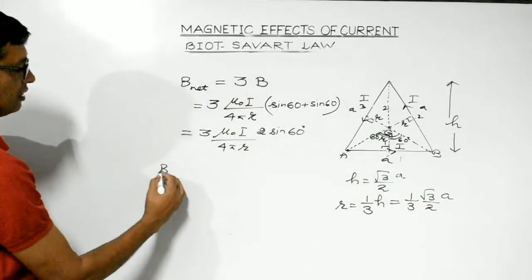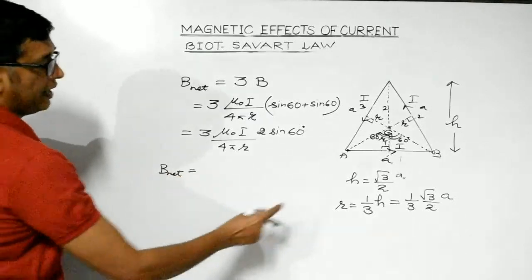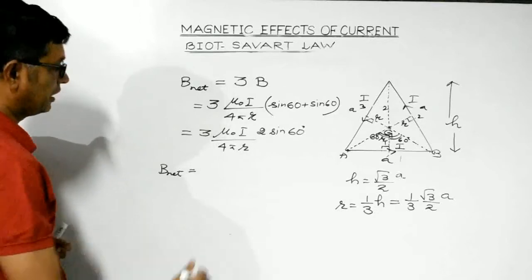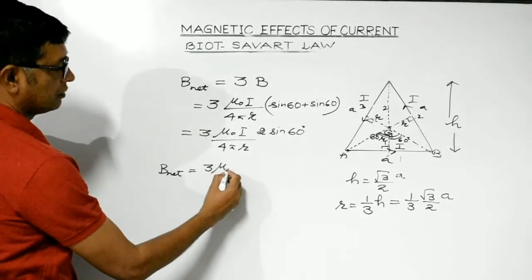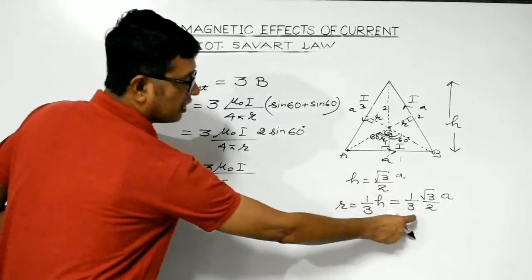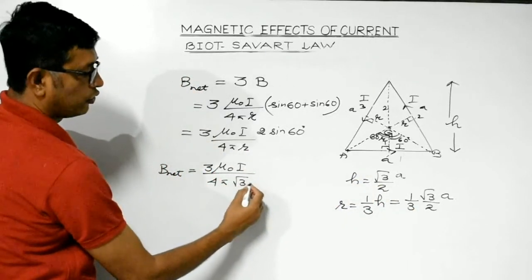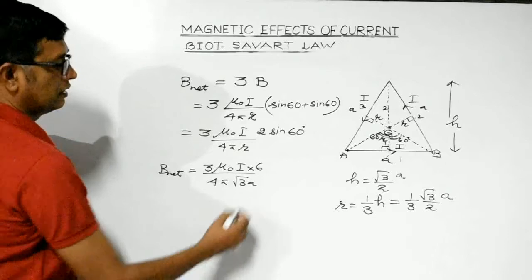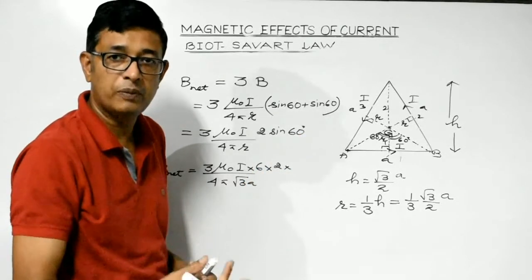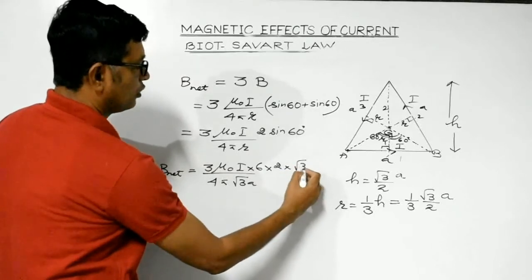Now let's substitute this value of R over here and get the result. So the net magnetic field at point G due to this current carrying triangular loop would be given by thrice mu naught I divided by 4 pi, in place of R, root 3 a by 6, times twice sin 60. Sin 60 is root 3 by 2.